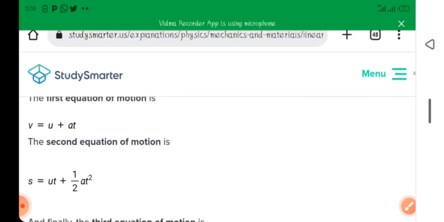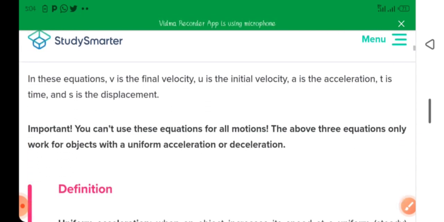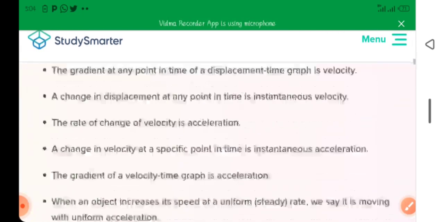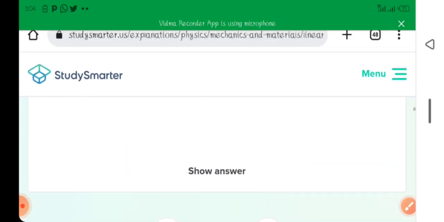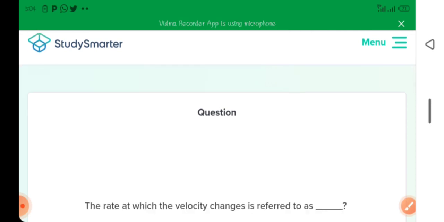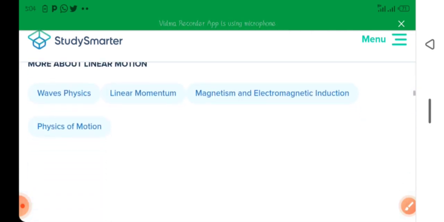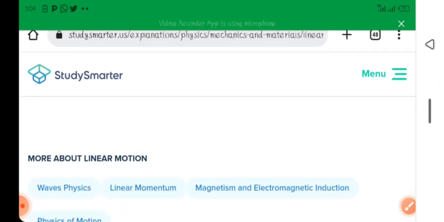Now these are the equations for uniform motion. I'm looking for questions to use to explain it better. Oh, they didn't use any questions here. Wow. Let me just form the question.